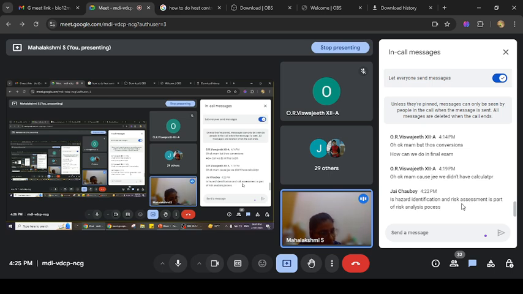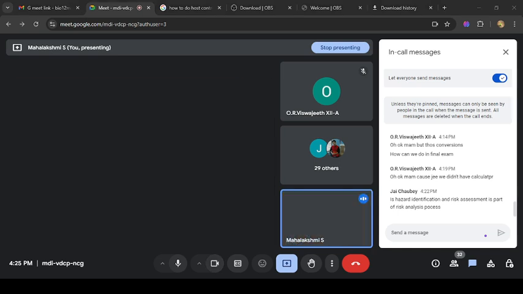This hazard identification and risk assessment is part of risk analysis. Yes, it's a part of risk analysis. First is the hazard identification. Next is the risk assessment. We have different steps, no? Risk management, and then risk communication.